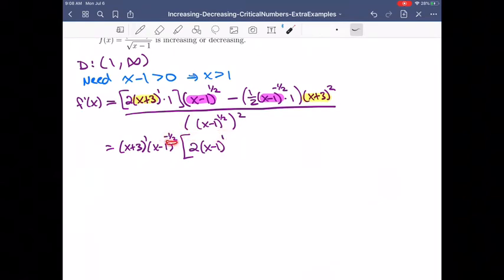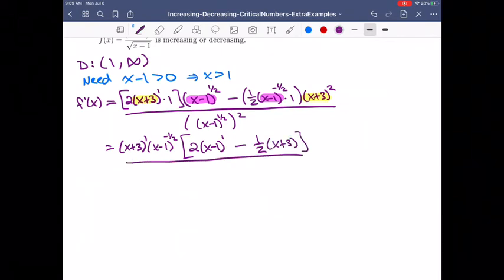So negative 1/2 plus 1 is going to be positive 1/2. That's how I know that this exponent should be 1. Now when I do the next term, I'm going to have a negative 1/2 and one more x plus 3. And the denominator is just going to be x minus 1, because it's to the 1/2 times 2.